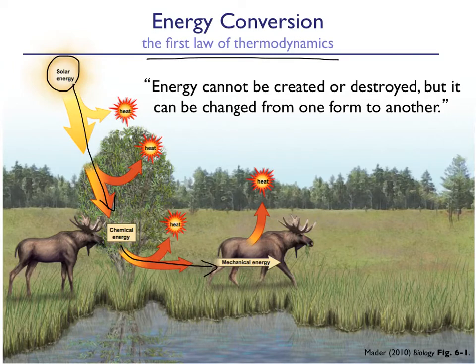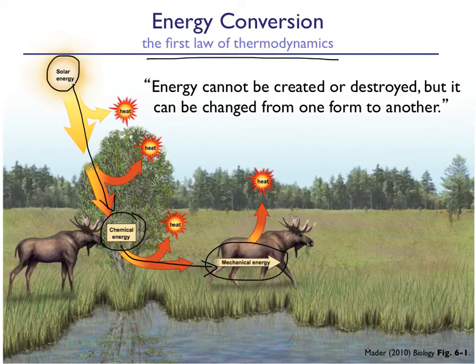The first law of thermodynamics states that energy cannot be created or destroyed, but it can be changed from one form to another. In other words, that's what this slide is showing, the conversion of solar energy to chemical energy and the conversion of chemical energy to mechanical energy. So it's not created or destroyed, but changed from one form to another.